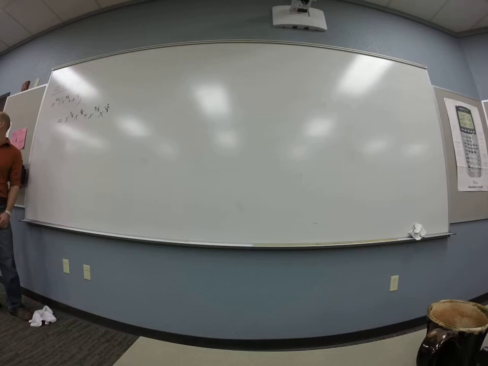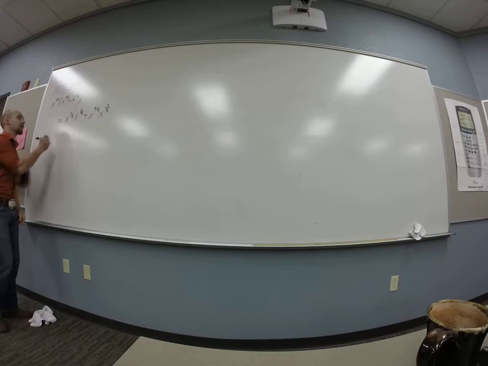Now I should ask myself, do I add or multiply the exponents on these? Why do I add the exponents? Because there's two sets of base, and I'm multiplying them together. If I was adding these two things together, I wouldn't be able to do this. You guys with me on that?